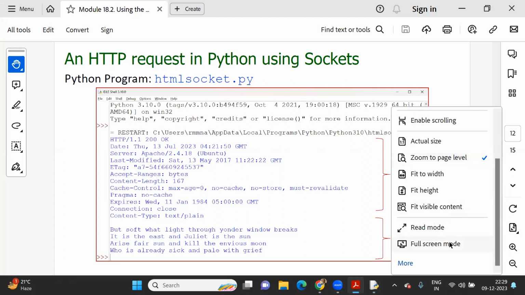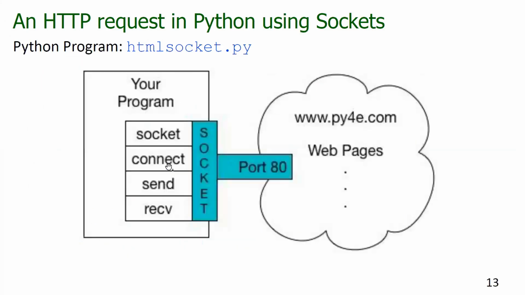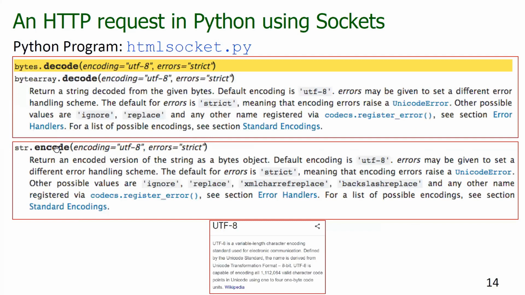In our program, we used two methods, decode and encode. So what is decode and what is encode? Decoding takes bytes using the UTF-8 format with errors set to strict, which means encoding errors raise a Unicode error. The bytearray decode is the same. It returns a string decoded from the given bytes.